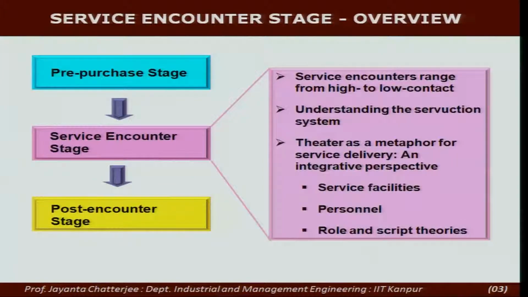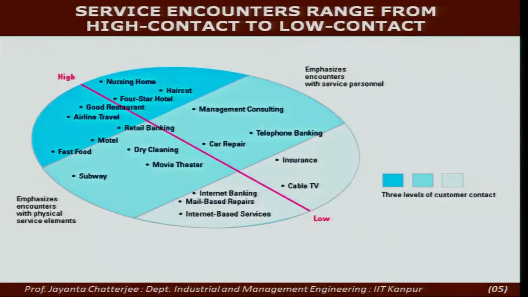But anyway, in the service encounter stage, I will have to go back to some of the discussions that we have had before when we were looking at taking a macro view of the service business as a whole. One of them is this diagram that I had showed before, on the basis of which you are supposed to do an assignment in week 1.